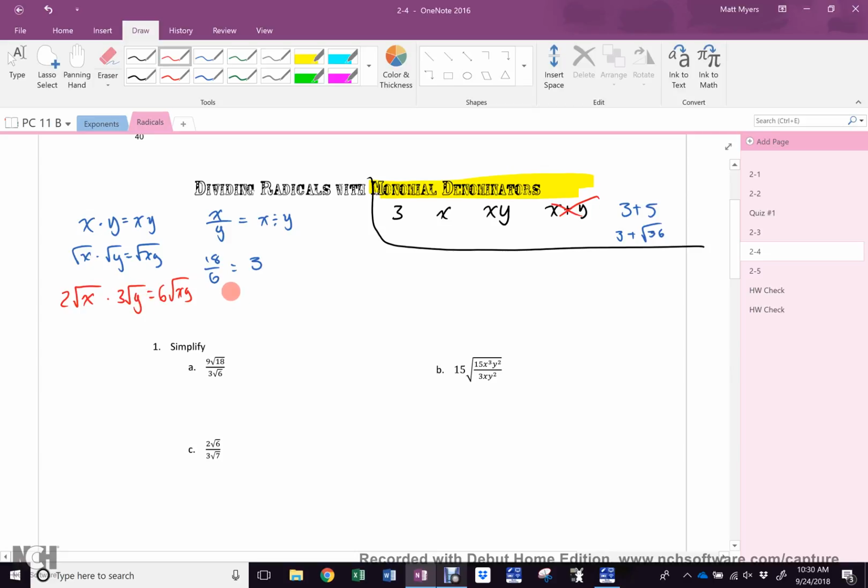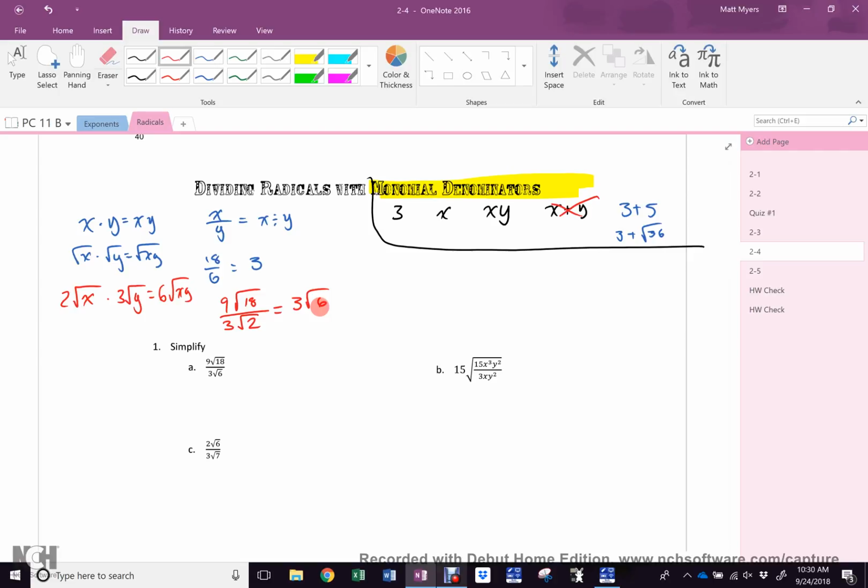So what then, using your noodles, 9 root 18 over 3 root 2. What will that be? 3 root 6. Without me at all, you already knew everything you needed to solve that, yes?